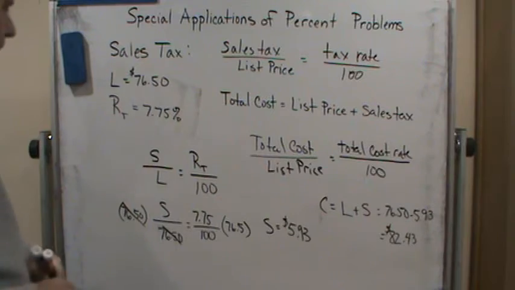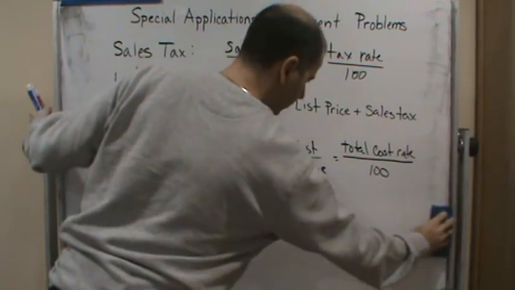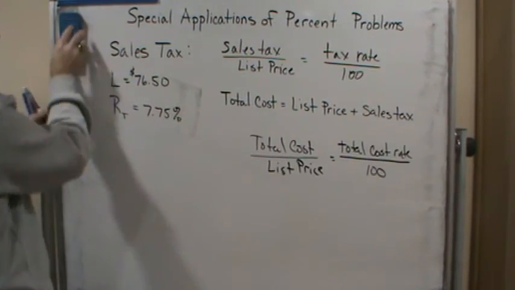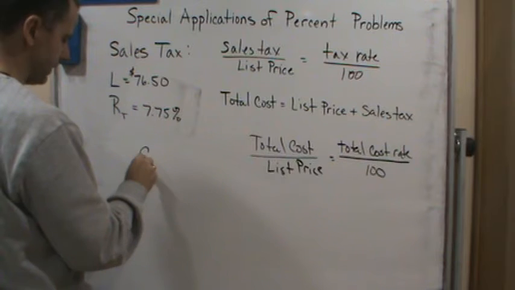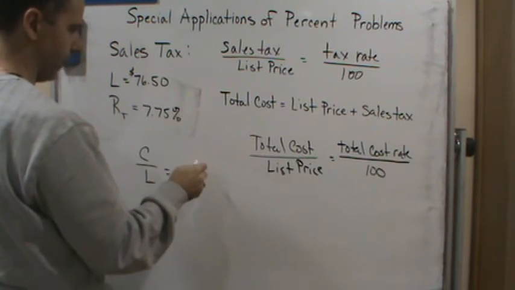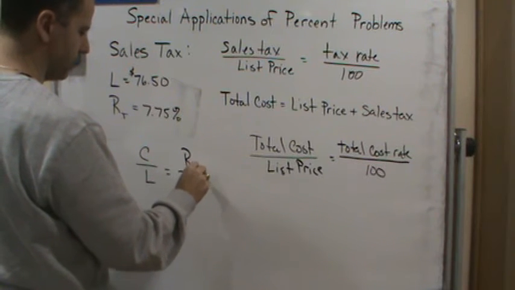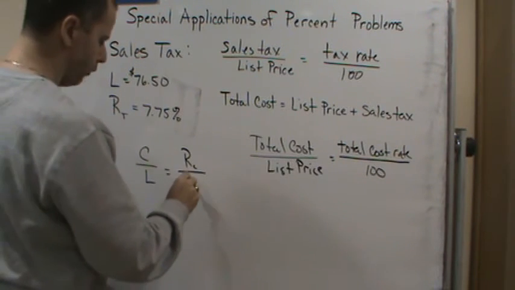Now, let's do it the other way. What if I use this one? So I want the total cost, so I want C over L is equal to, now this rate here, I'll call it R sub C, the rate for the total cost, right? Over 100.